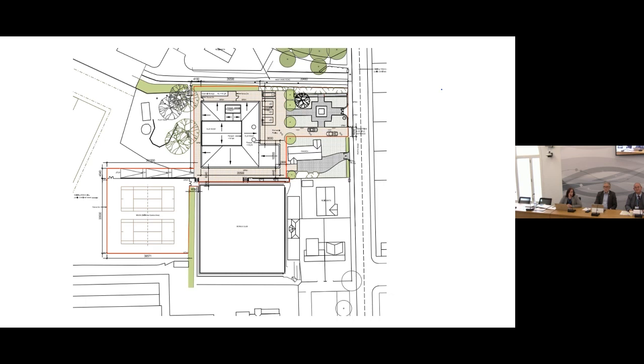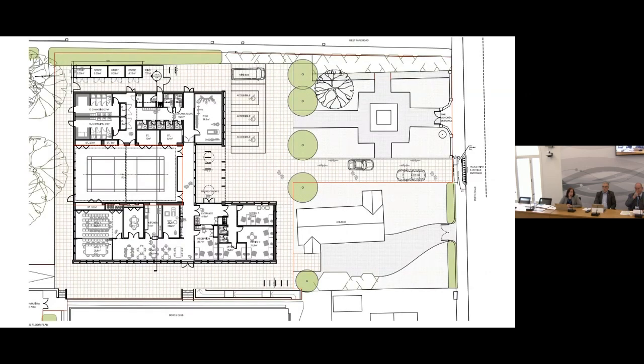The church is retained just to the south of that access, and then you come into the main new building, which is the square within the red line there. The Bowling Green remains to the south of the site, and again to the west, you can see the multi-use games area within the red line. Next slide.